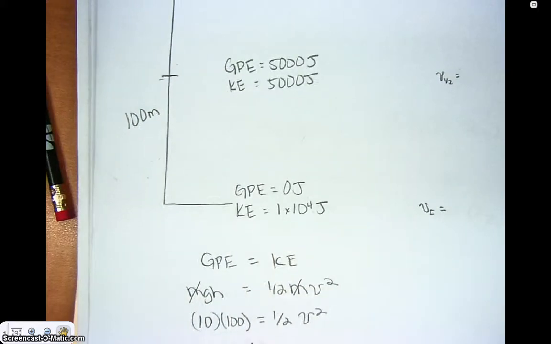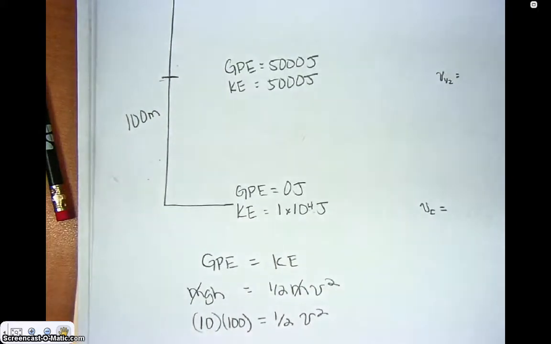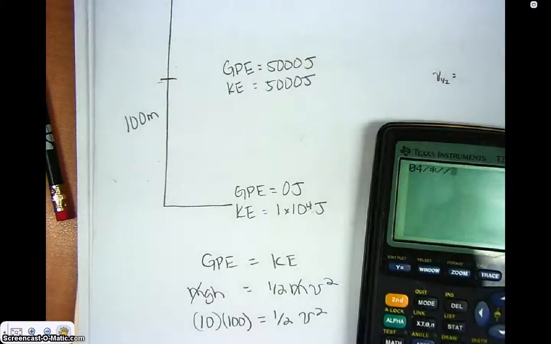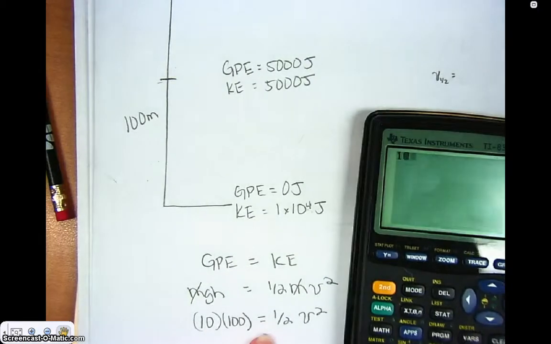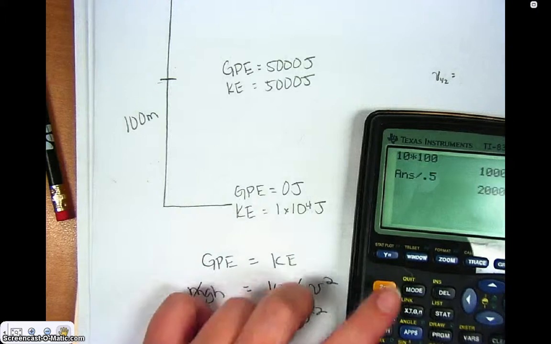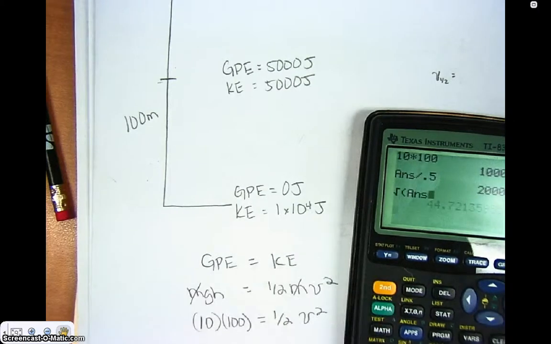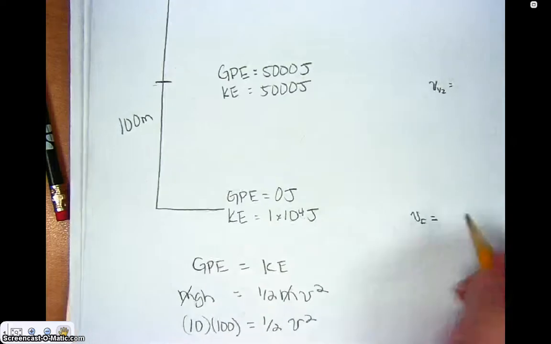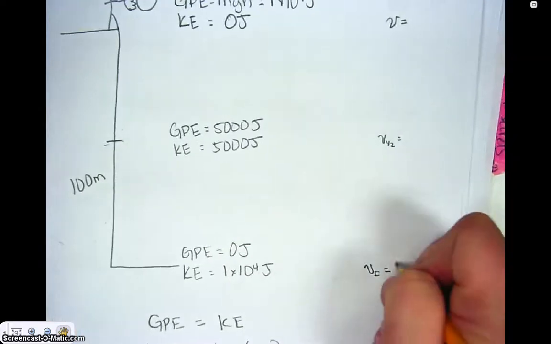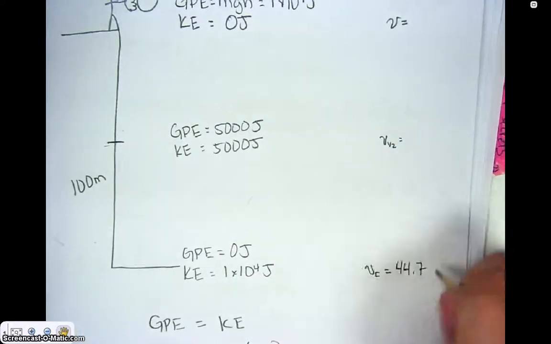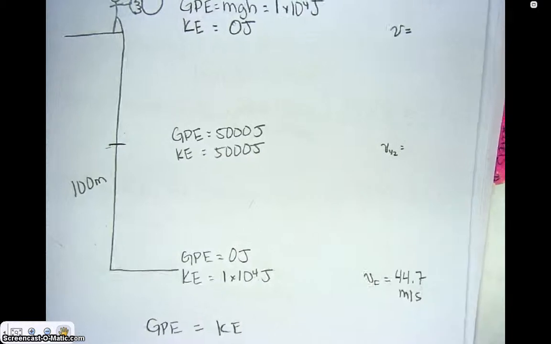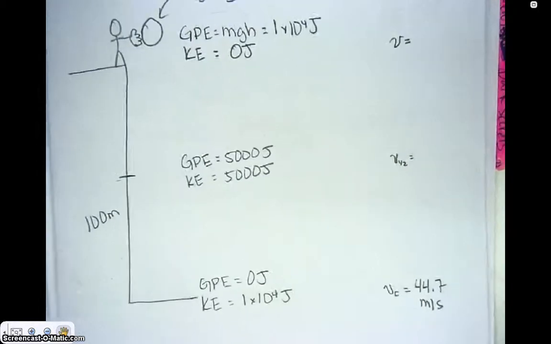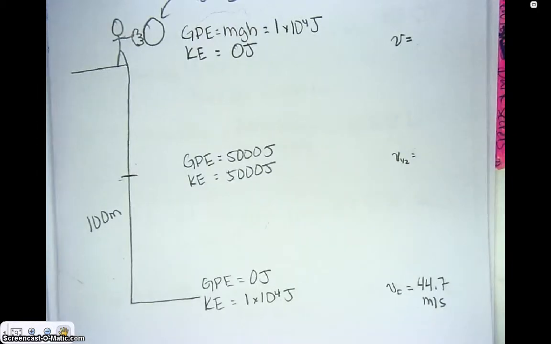So that would be 10 times 1,000 divided by 0.5, and then take the square root, and I get 44.7 meters per second. So the final velocity right here would be 44.7 meters per second.